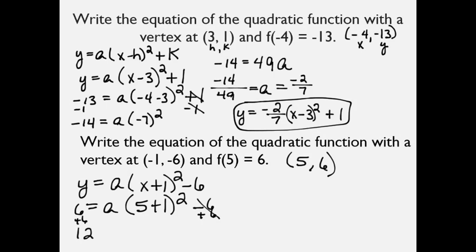So you have 12 is equal to 6 squared, 5 plus 1 is 6, a. Okay. So now 12 divided by 36 will be equal to a, which is 1/3.